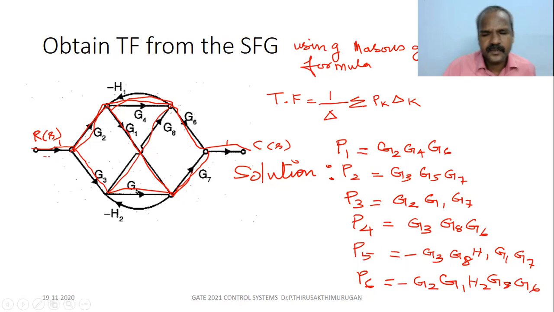So if we order them, there are 6 forward paths.